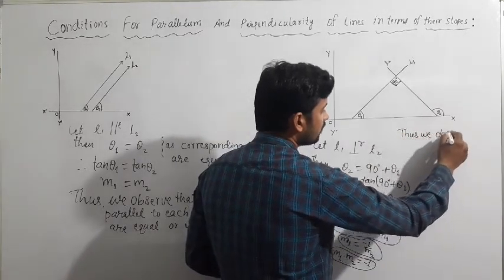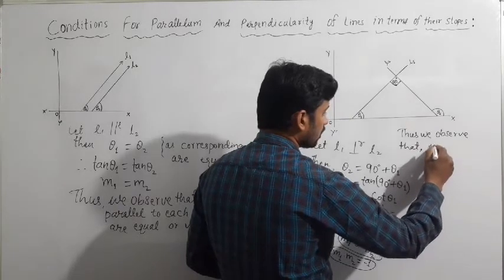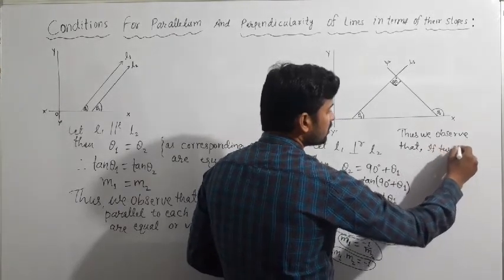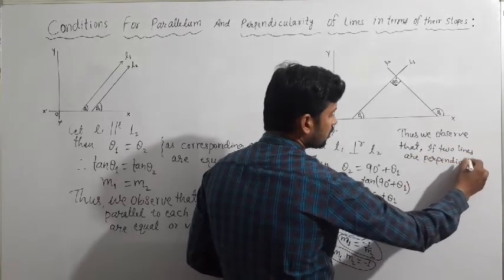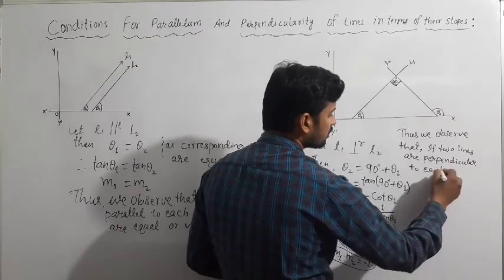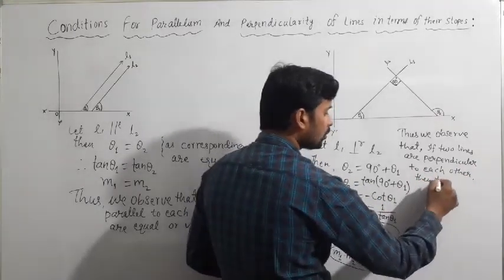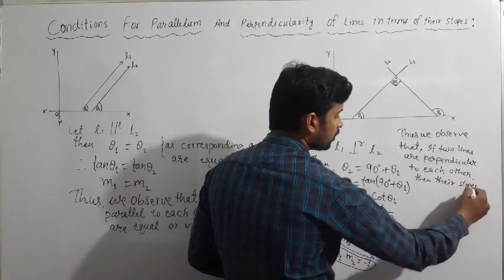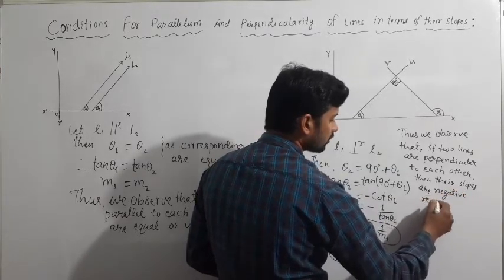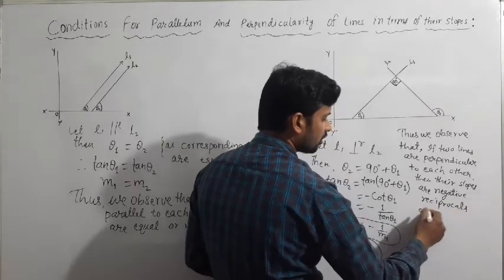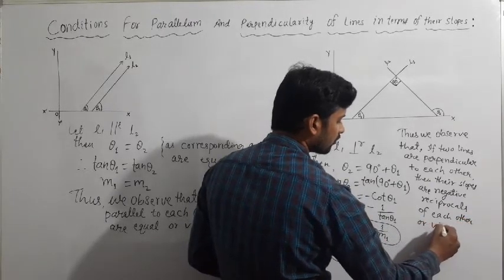Thus we observe that if two lines are perpendicular to each other, then their slopes are negative reciprocals of each other, or vice versa.